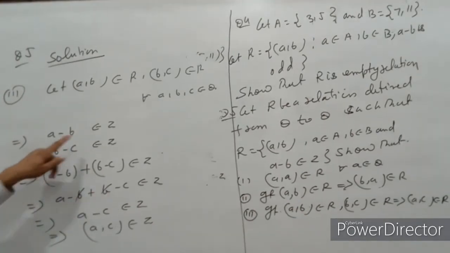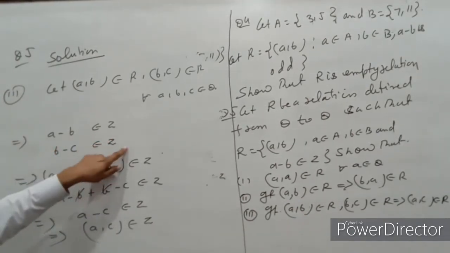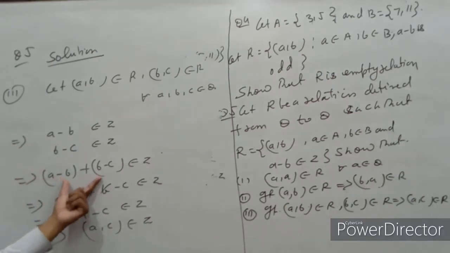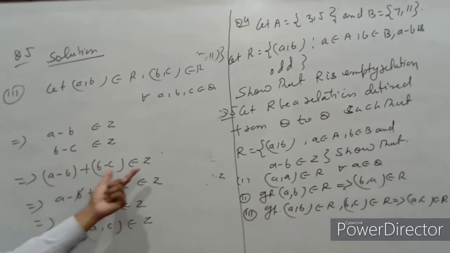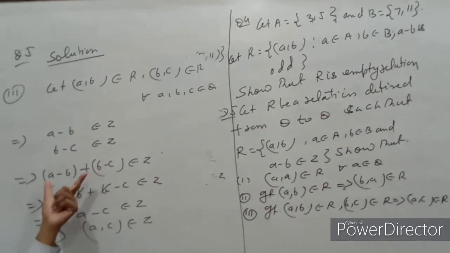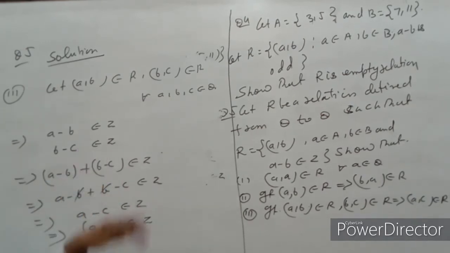So a minus b belongs to Z, b minus c belongs to Z. Since these are integers, the sum of the two different integers is also an integer.